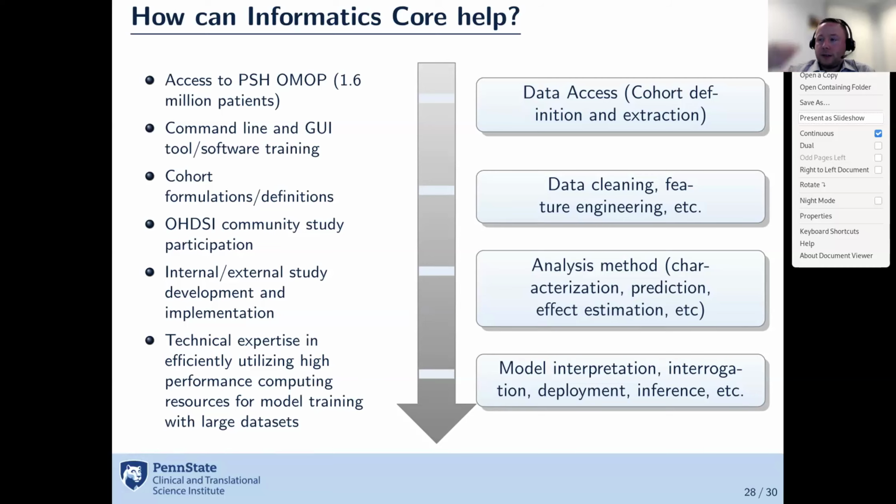We're really aiming to help across the gamut of the typical data science or machine learning project lifecycle, from getting access to that data, defining that patient cohort, to hands-on implementation, data cleaning, feature engineering, etc., training a machine learning model, or another application of some methodology to answer an outstanding clinical question, and then all the way down to interpreting and potentially utilizing that model.